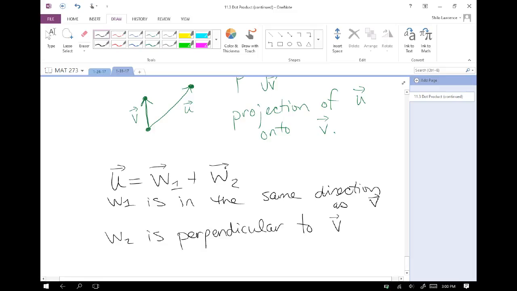But I want to make U be the diagonal of a rectangle. And V has got to be the direction for one of the sides.